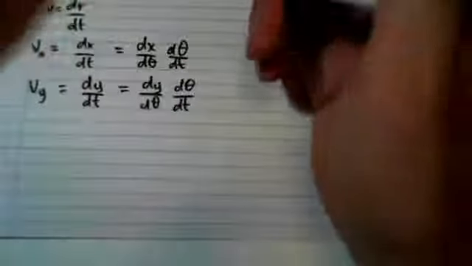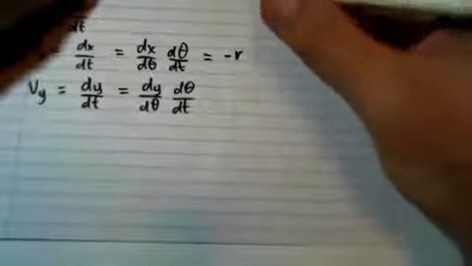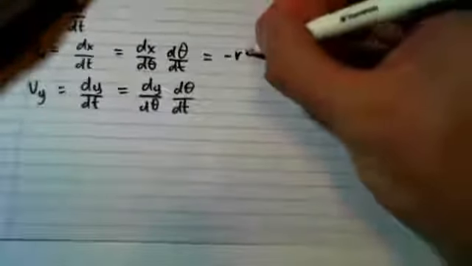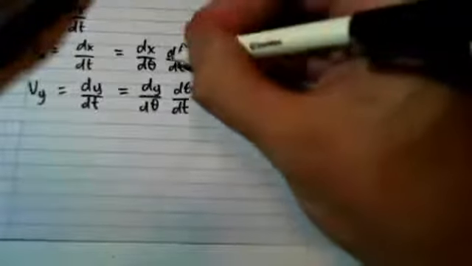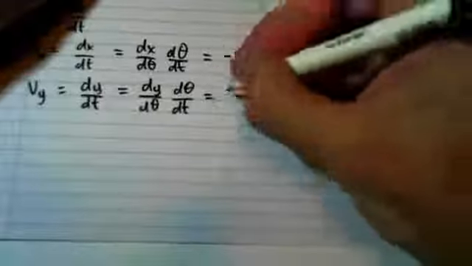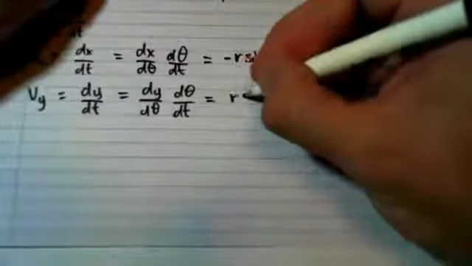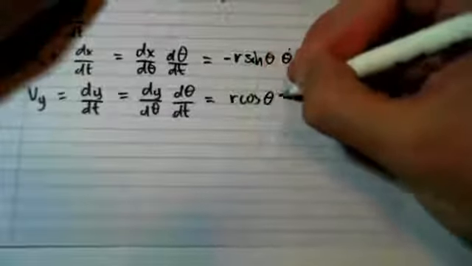So the velocity in the x direction is just, if we derive x with respect to theta, we end up getting negative r sine theta, and that's multiplied by this theta dot term here. And the same thing is done for the y direction, so we get r cosine theta theta dot.